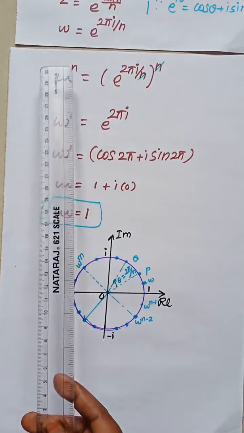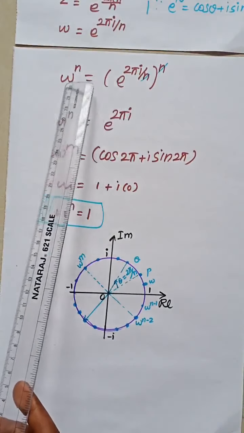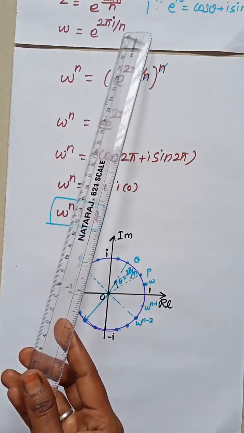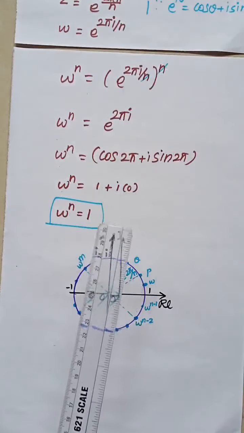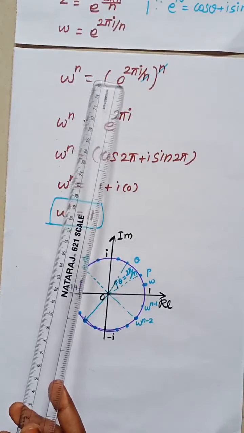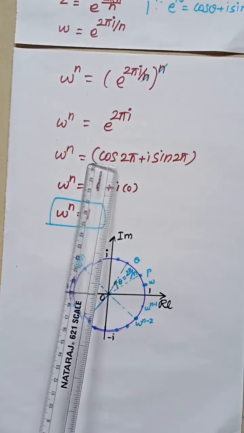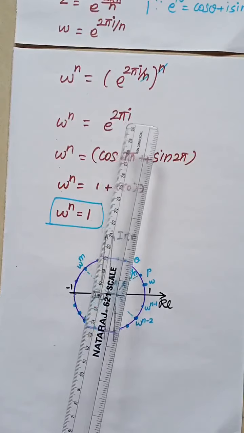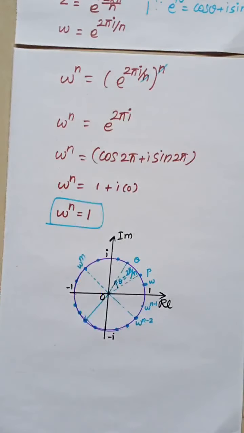Z is equal to omega. We know that omega is e power 2 pi i by n. So omega power n is equal to e power 2 pi i by n, the whole power n. Here n gets cancelled, so omega power n is equal to e power 2 pi i, which in Euler form is cos 2 pi plus i sin 2 pi.